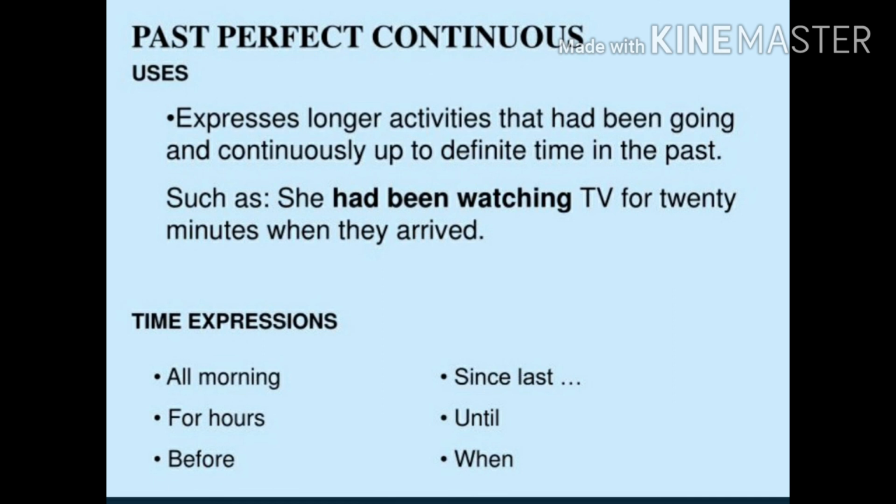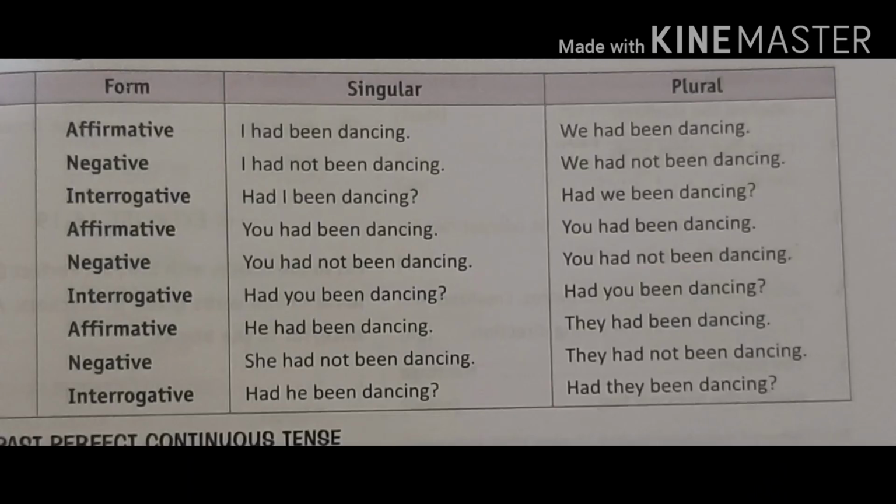We use time expressions like all morning, 4 hours, before, since last, until, and when in past perfect continuous tense. Examples of past perfect continuous tense are: affirmative sentence, I had been dancing, and negative sentence, I had not been dancing.